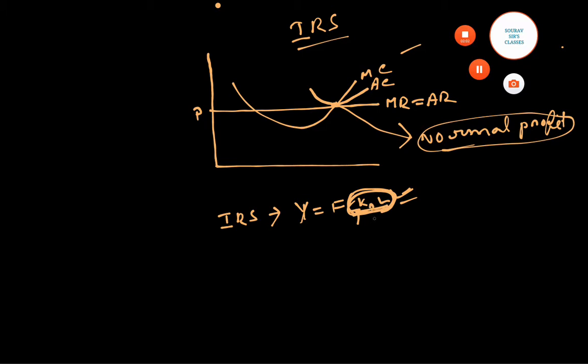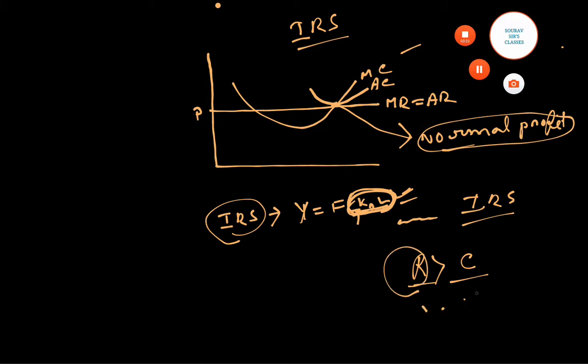So when, say for an example, K and L change, due to the assumption of increasing returns to scale, the return will be higher than the cost. So when return will be higher than the cost, we'll keep on producing more output.